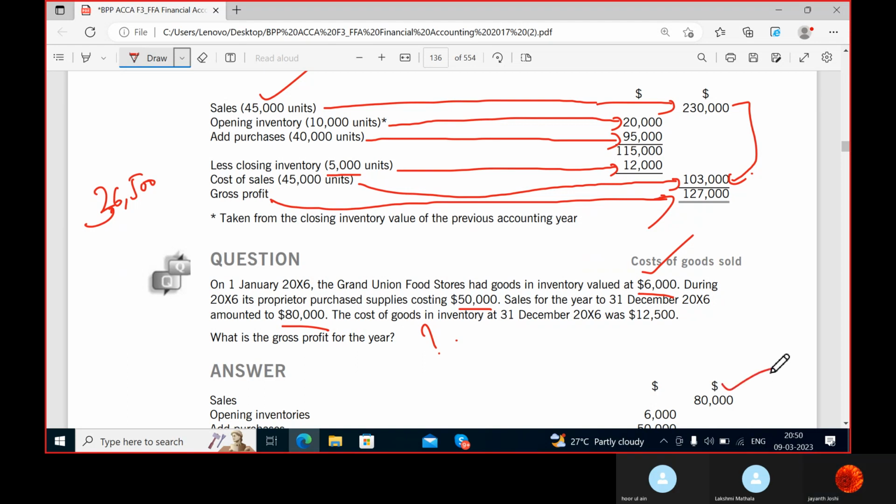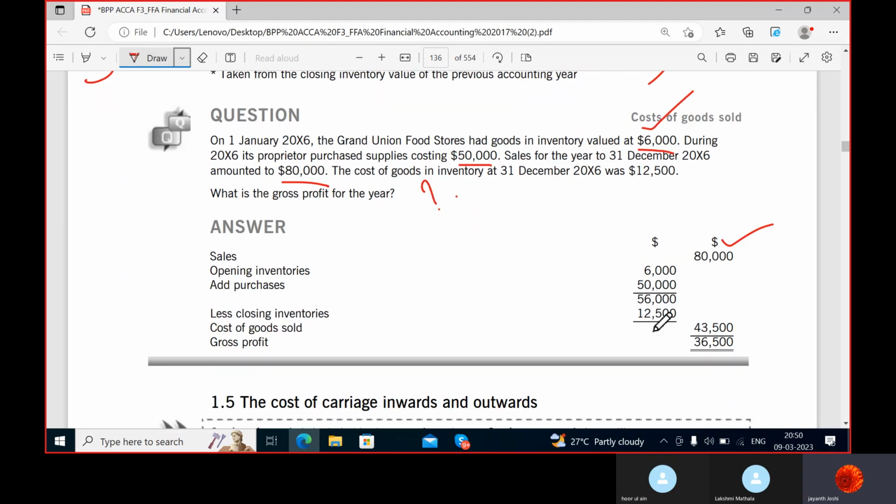But did they say that any of the goods is left over? Do you think we have any closing inventory? Oh, the cost of goods in inventory at 31st is 12,500.